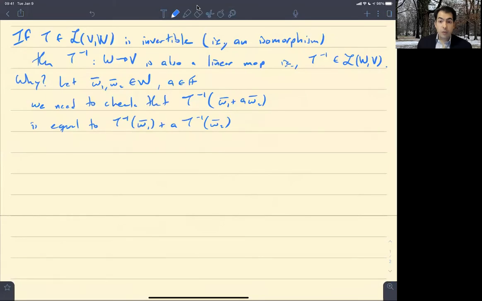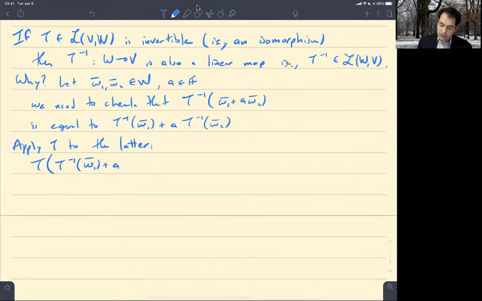Okay, so here's what we'll do. We'll start with this expression, and we'll apply T to it. So we have T of T inverse of W1 plus A times T inverse of W2.